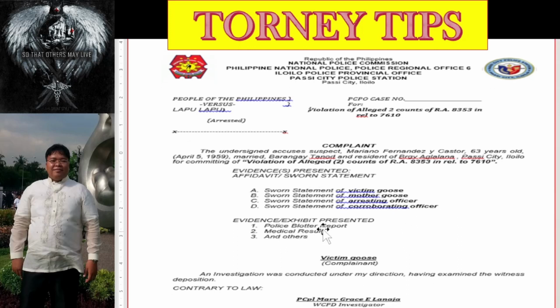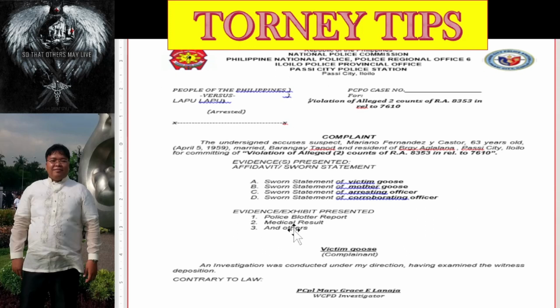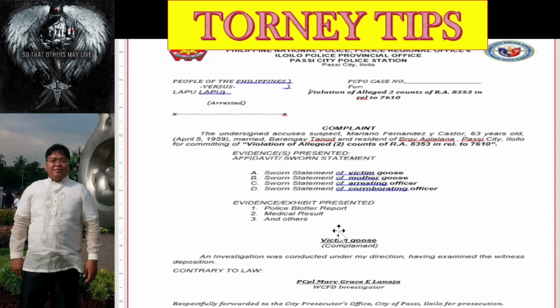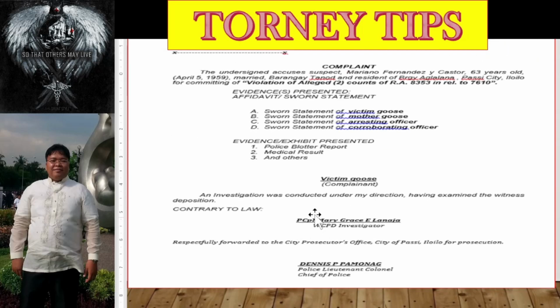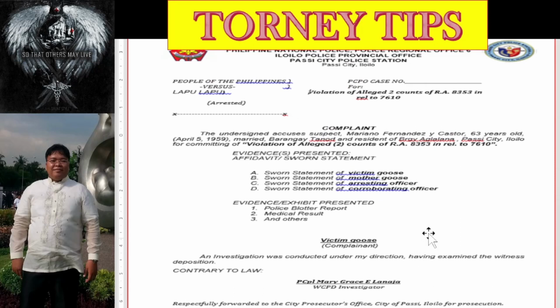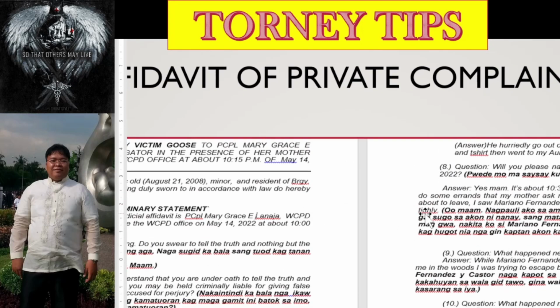You should also indicate herein the police blotter report and the medical result, which is necessary to show proof as one of the corroborating evidences, and the signature of the complainant. You can also add the signatures of the WCPD investigator and the chief of police. All right? Next slide.